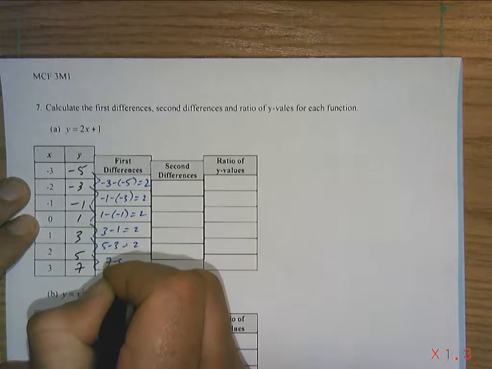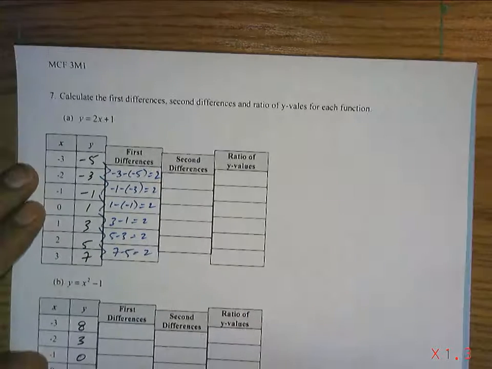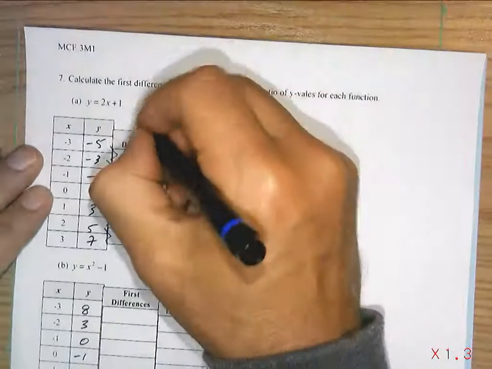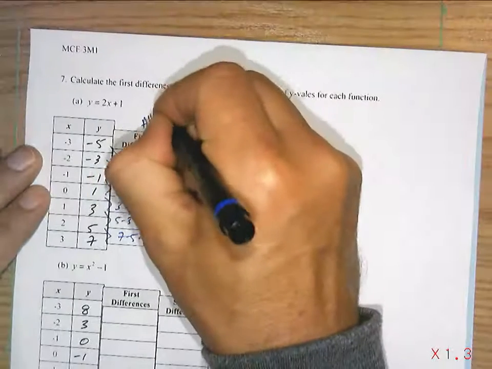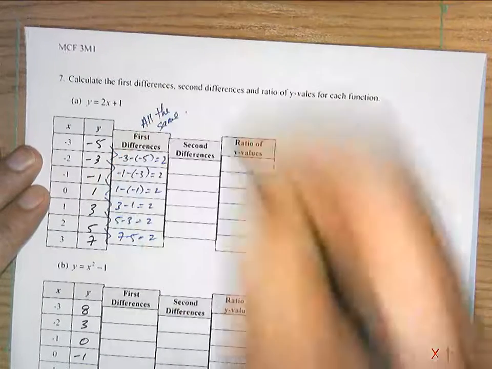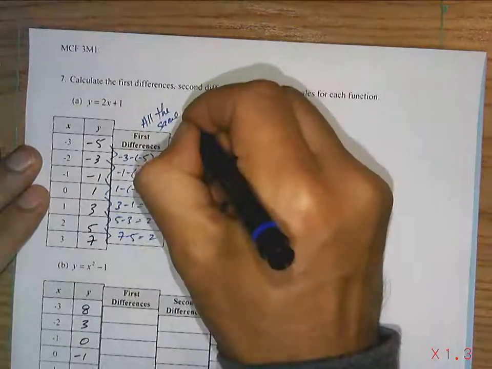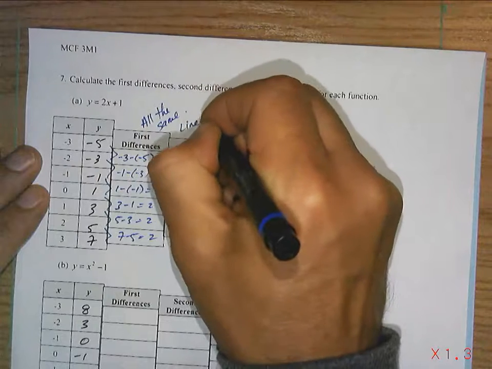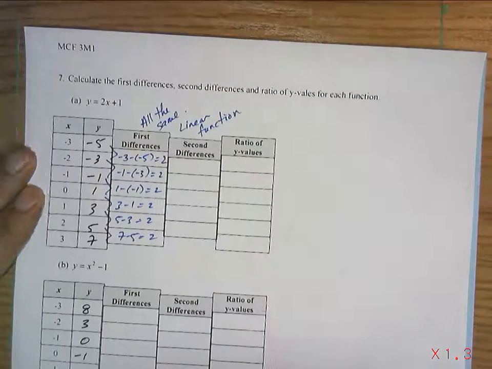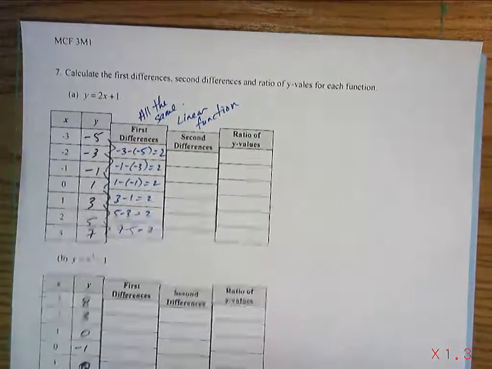And 7 subtract 5, 2. So all the first differences are the same. That is a characteristic of a linear function. Hence that rate triangle that we talked so much about in grade 9 and 10.